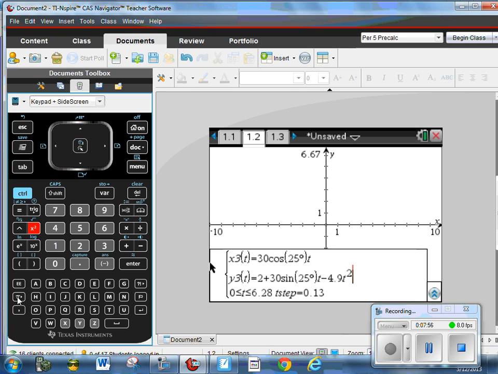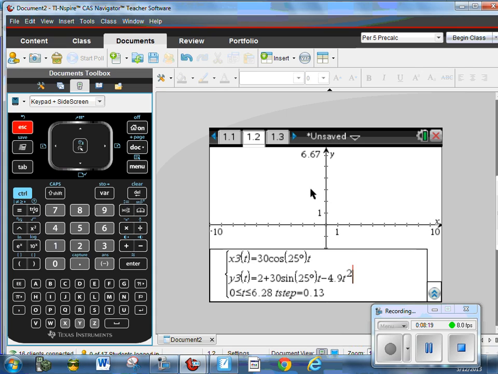If you go to the pi button, you'll see that underneath pi is the degree symbol. So I'm going to escape out of there. I've added that in. Also notice that you close the parentheses before typing t because I'm not taking cosine of t. I'm multiplying t by 30 cosine of 25, and I'm multiplying t by 30 sine of 25 degrees here.